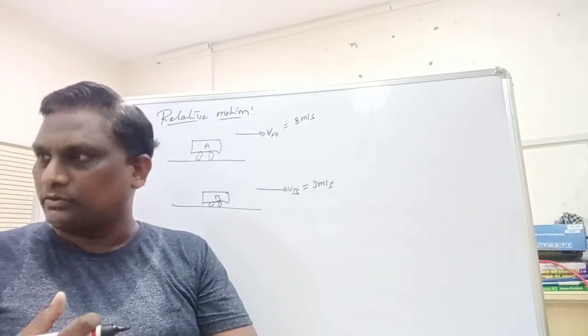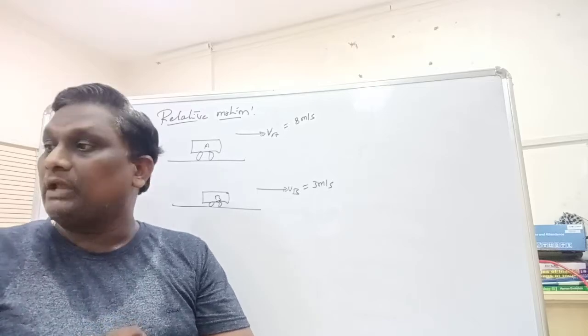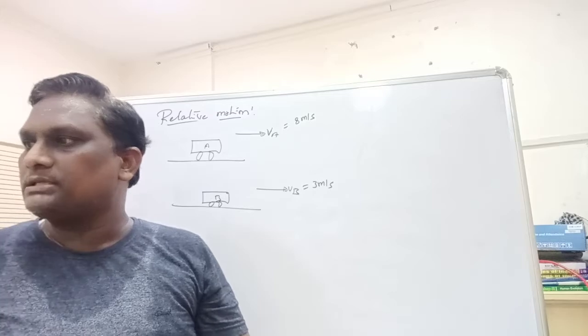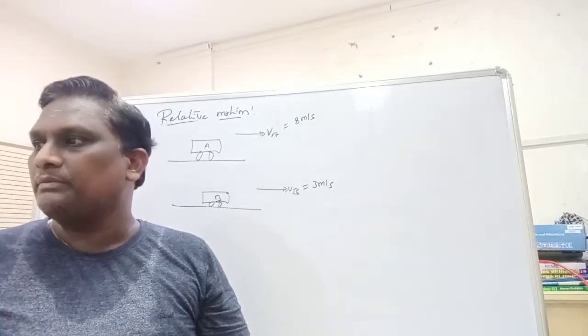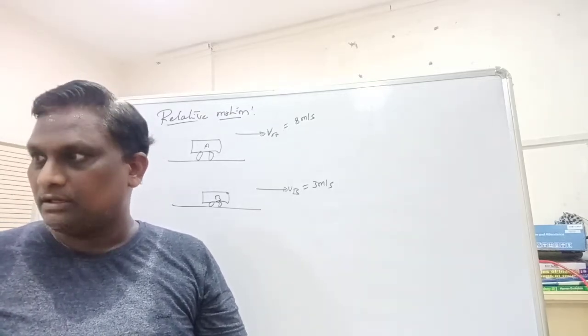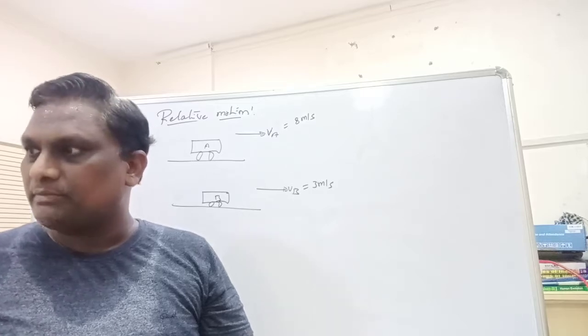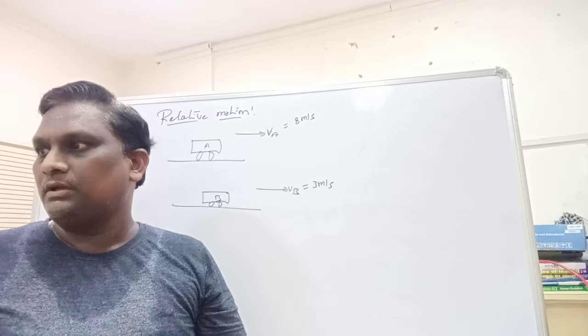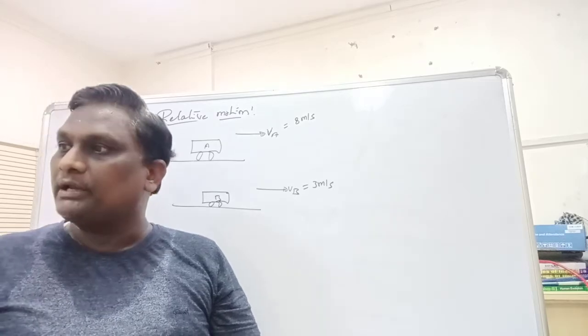Now the question is, what is the velocity of car A with respect to car B? Velocity of car A with respect to car B means we are giving respect to car B, so you make the velocity of car B as 0. How do you make it 0?